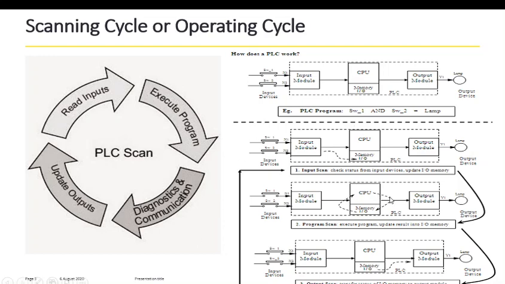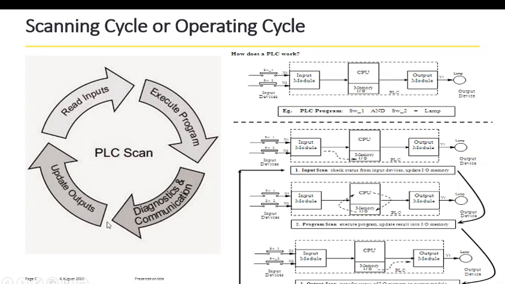The output memory is updated in this diagnosis and communication stage, and the PLC will again check itself, whether the calculated outputs are fine or not, whether the output hardware is okay or not. Likewise, it will do the diagnosis.